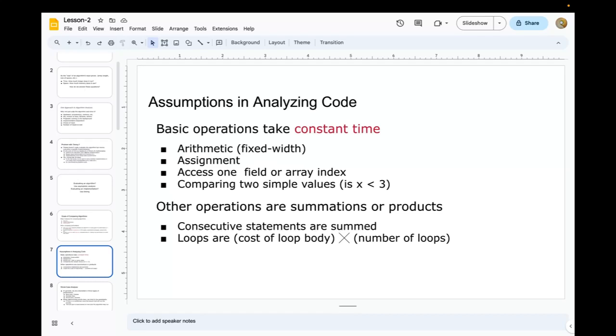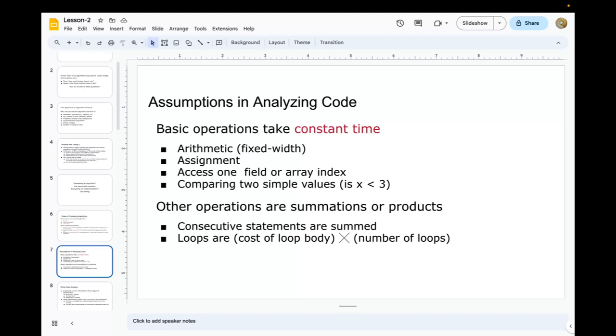Now, before we start analyzing a particular code, we have to keep in mind that assigning a particular value to a variable, assigning one variable's value to another, is an operation that takes constant time. Accessing an element in an array through its index, comparing two values, assigning one value to the other are all basic operations that take constant time. Now, the whole complexity thing comes into play when we're using loops.